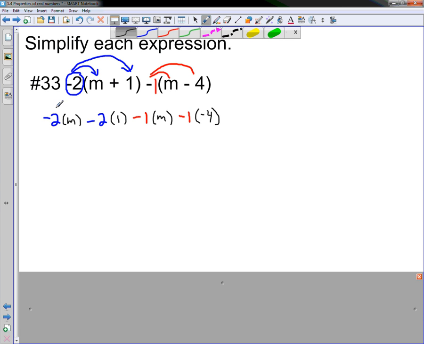Let's multiply these out. So negative 2 and m gives me negative 2m. Negative 2 times 1 is negative 2. Negative 1 times m is negative m. Negative times a negative is a positive, and we have a 4.